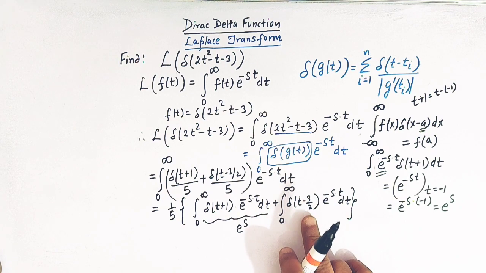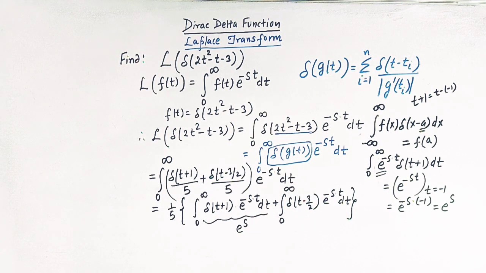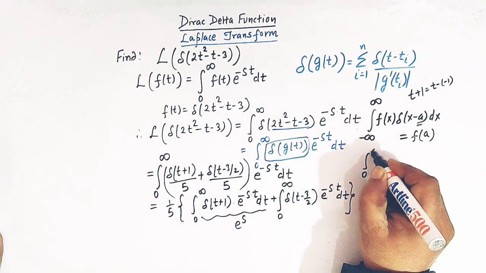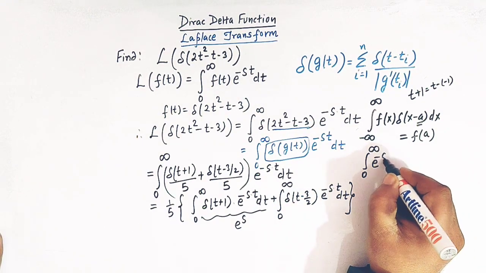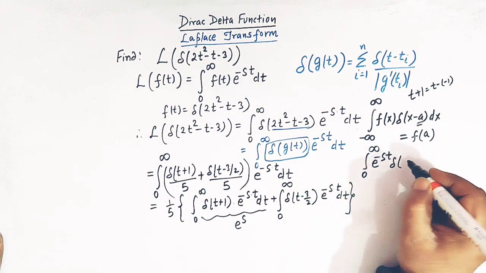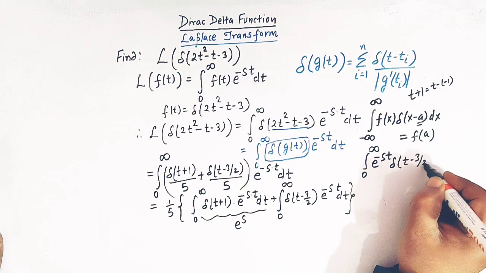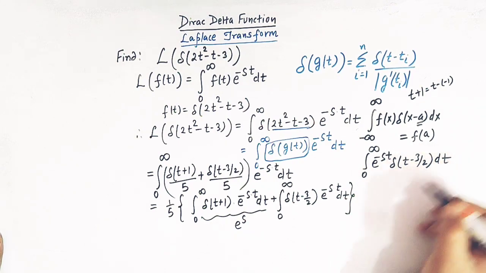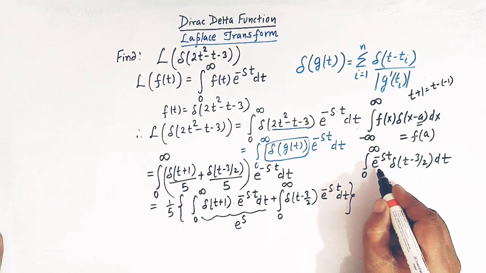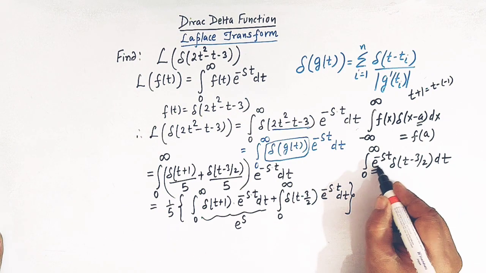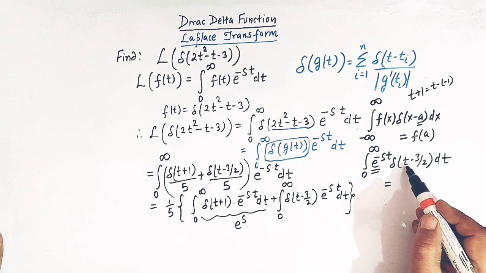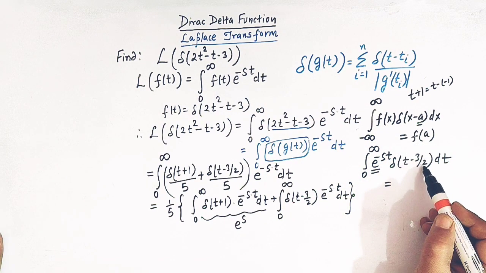Let us calculate the value of the second integral. We have the integral 0 to infinity e raised to minus s times t, then delta of t minus 3 by 2 dt. So the value of this integral is the value of this function f of t at t equal to 3 by 2.